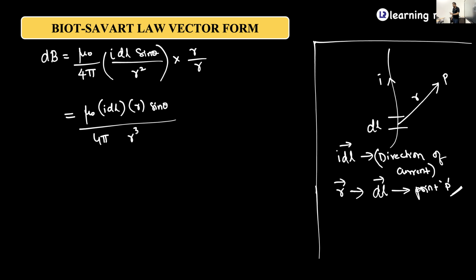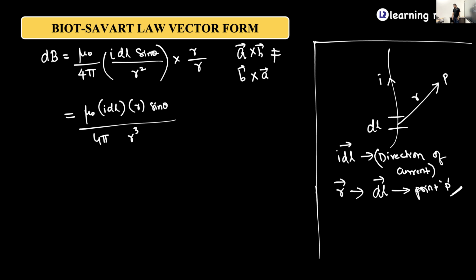So it is obvious that I need to write the cross product between these two vectors. But the tricky part here is a vector cross b vector is not the same as b cross a. So I need to know whether I should write I dl cross r or r cross I dl. Which one should I write?